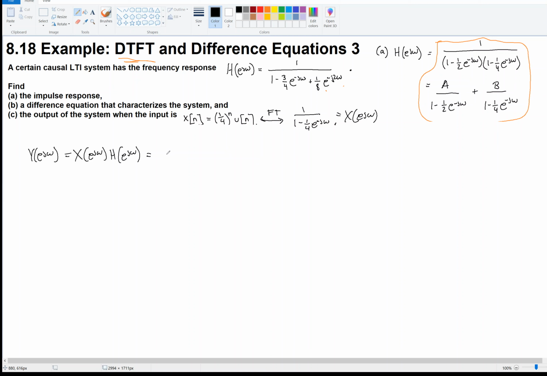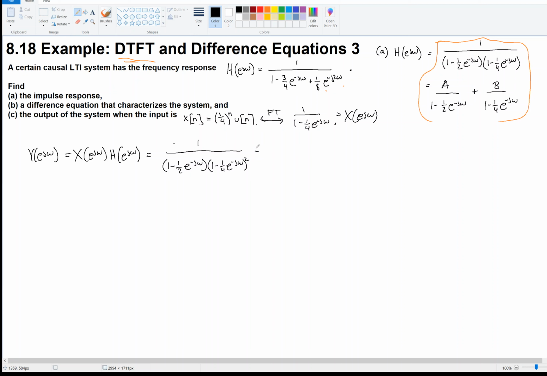So now we take this thing times H. I'm going to use this factored H, and you notice then I pick up the second factor. So when I do that multiplication, I've got 1 over 1 minus 1/2 e to the minus j omega times 1 minus 1/4 e to the minus j omega squared, right? Because I pick up this factor when I multiply X by H.